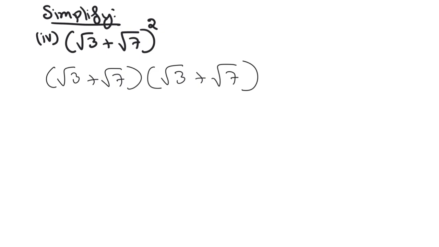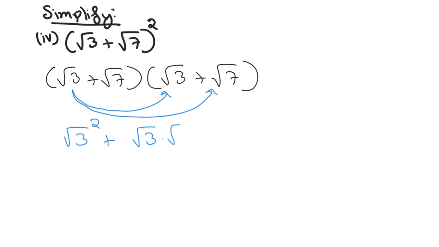So go ahead. Root 3 times root 3. Can I say it's root 3 squared? Okay. Plus root 3 times root 7. Is it root 3 times root 7? Let's put it that way. Fine.